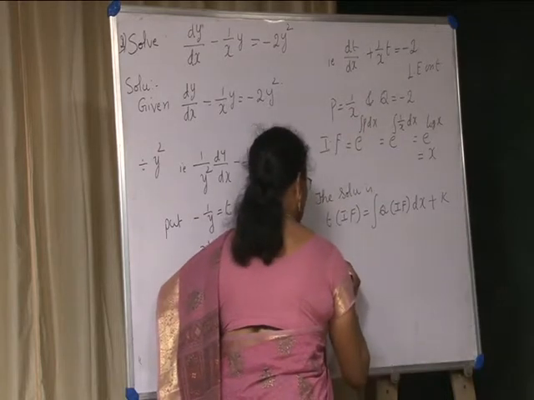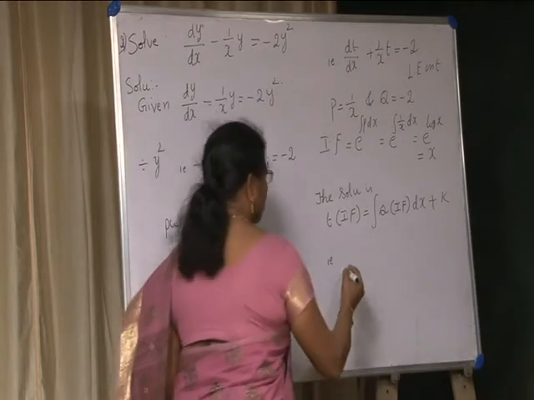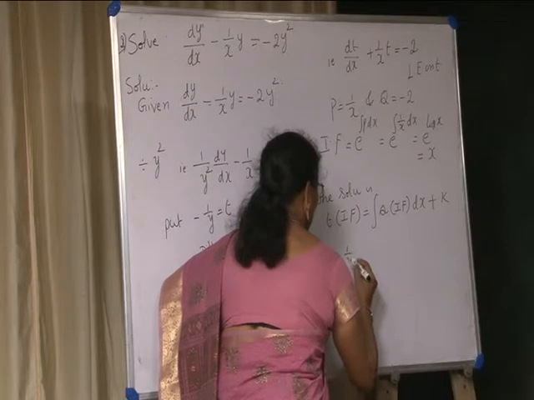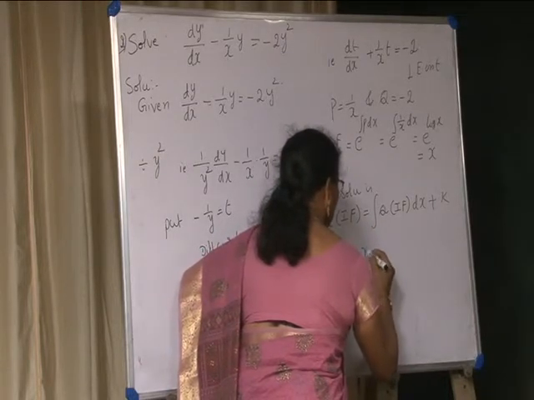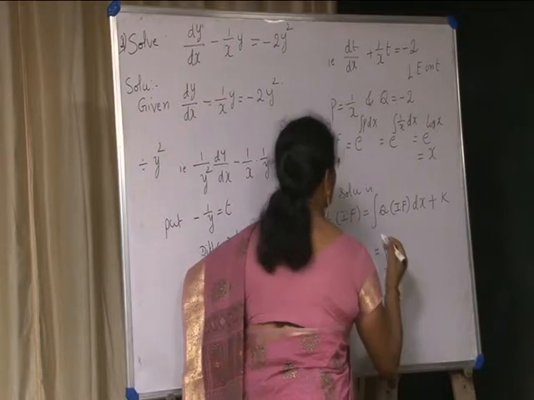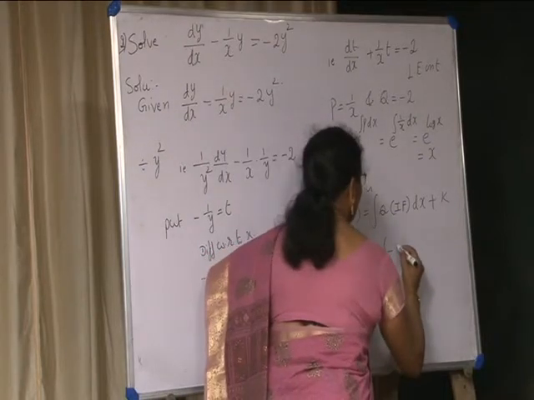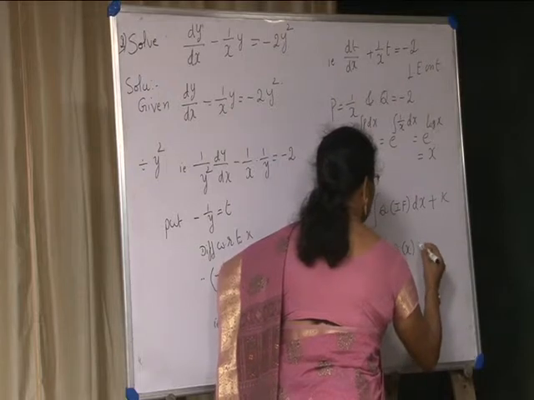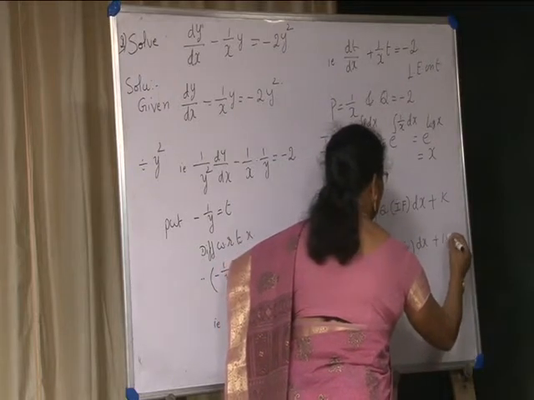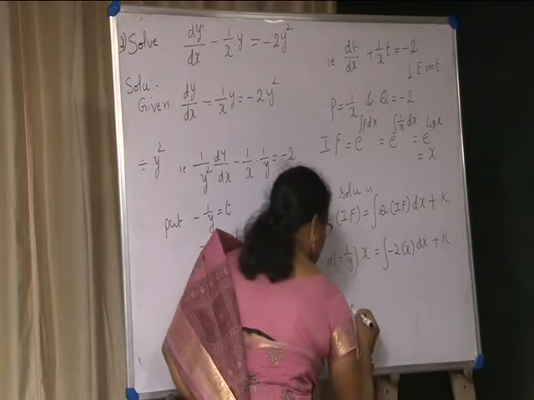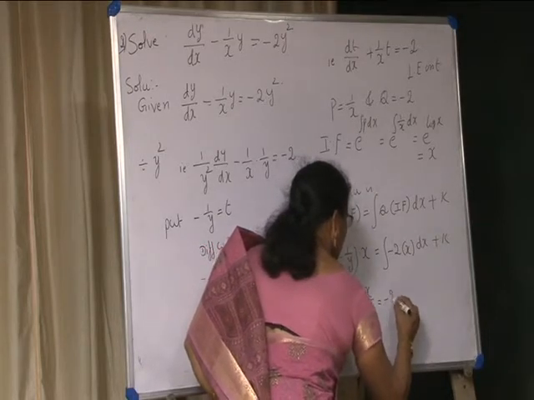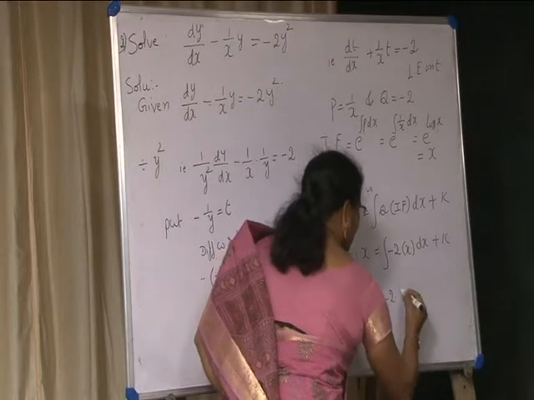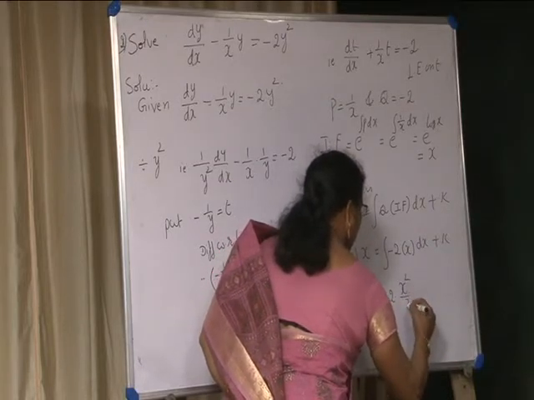That is, the t value is minus 1 over y, and the integrating factor is equal to x. This is equal to the integral of minus 2 into x dx plus k. That is, minus x by y is equal to minus 2 times the integration of x with respect to x, x squared by 2.